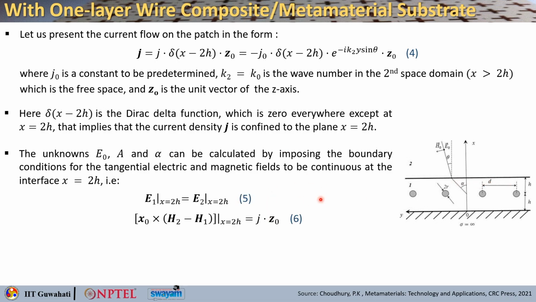When you put those boundary conditions, they will look like E1 calculated at x equals 2h should be equal to E2 at the boundary.